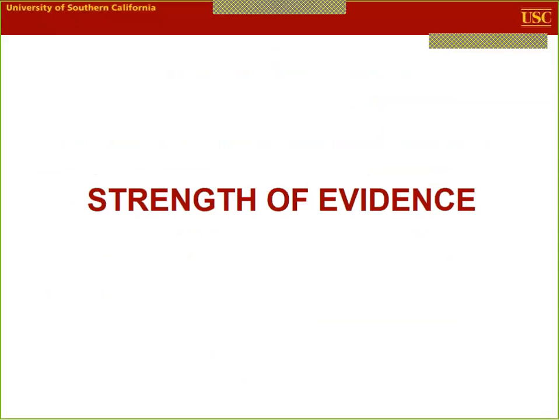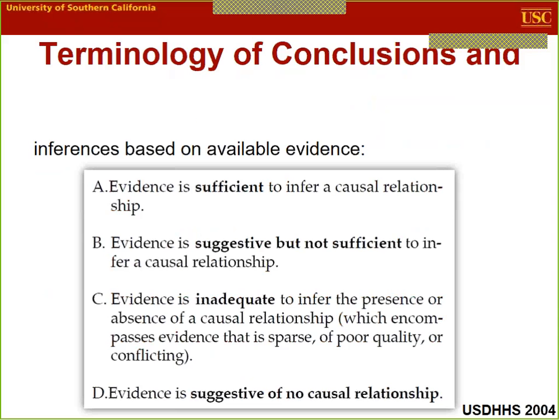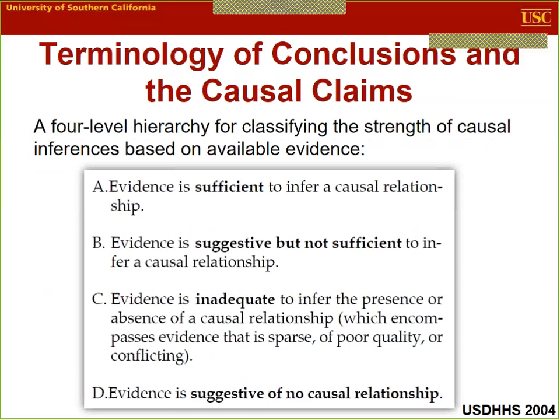Strength of evidence is an important issue. Remember at the start I said hazard identification, yes, no, and then I sort of backtracked and said, well, maybe we need to think about how much evidence there is and perhaps there are grades. So this is the language that we put into the 2004 Surgeon General's report in terms of classifying the strength of evidence: sufficient, suggestive but not sufficient, inadequate, and suggestive of no causal relationship.